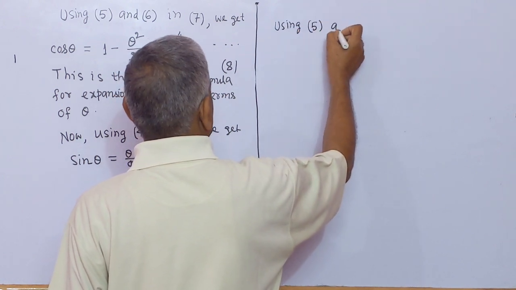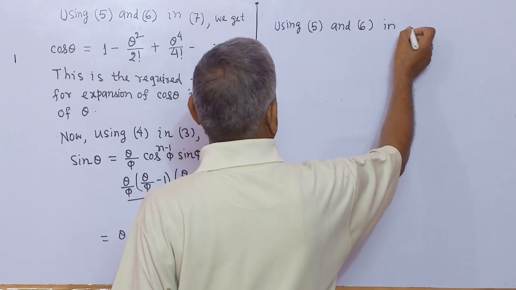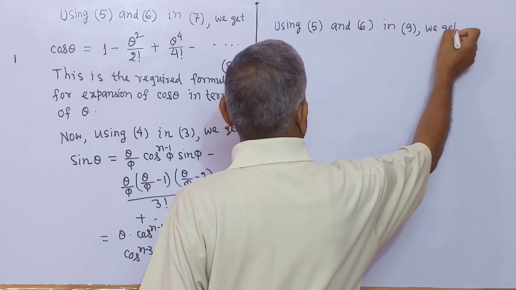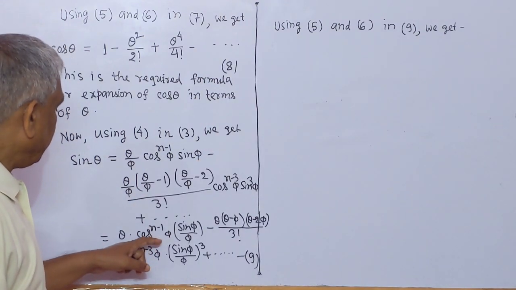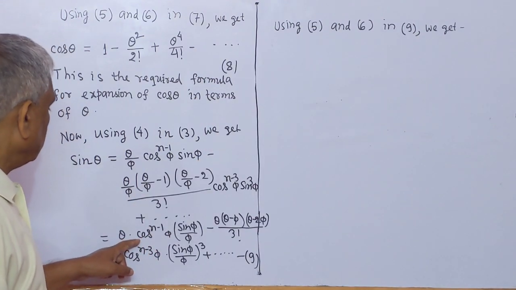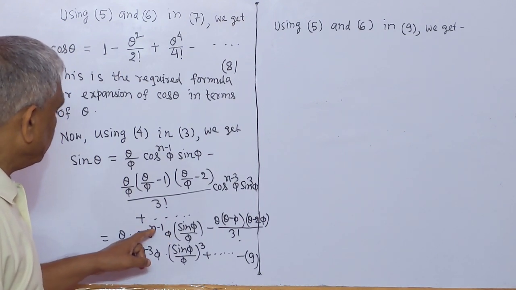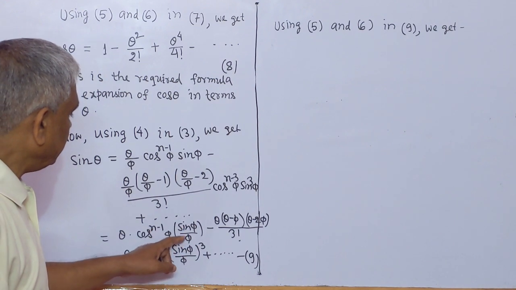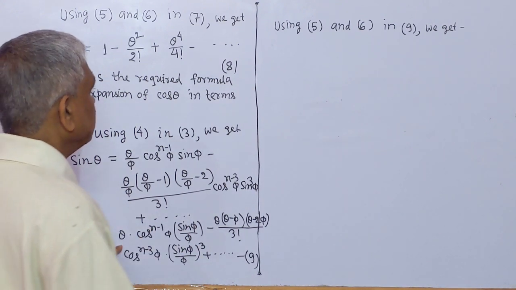Using 5 and 6 in 9, we get: in 5 and 6 we have when phi tends to 0, cos phi equals 1, that is cos to the power n minus 1 phi equals 1, sin phi by phi is also 1, so only theta remains here.